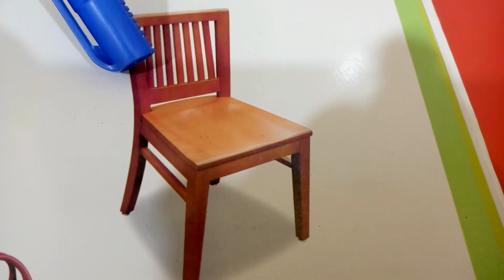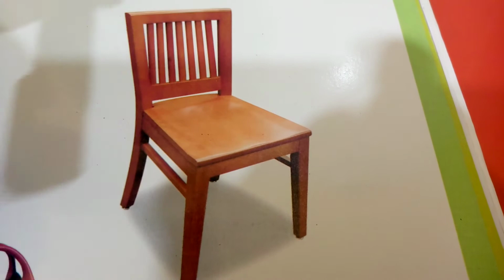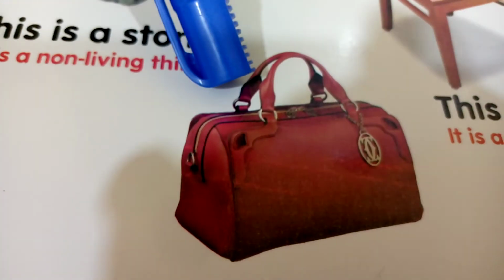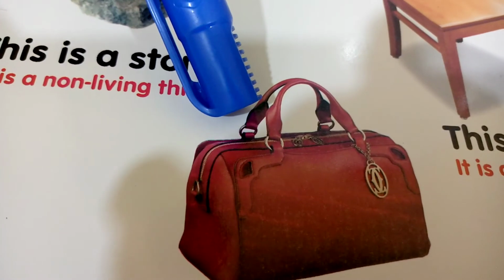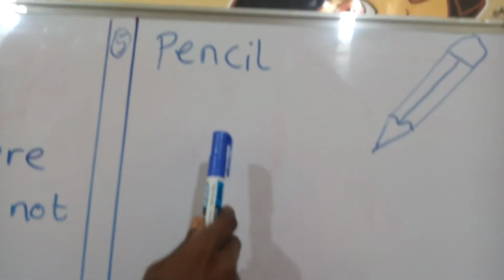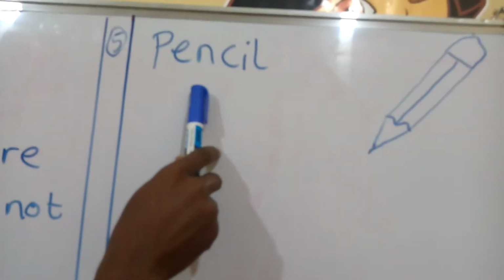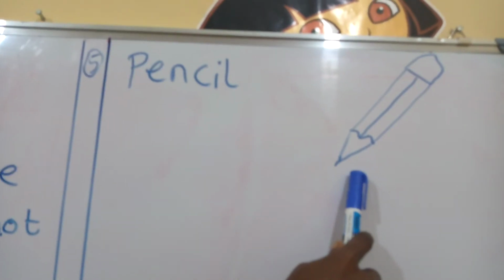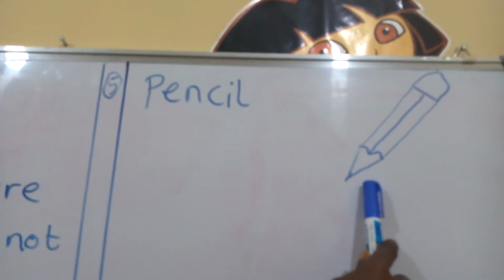This is a chair. Have you seen a chair? Yes, it is a non-living thing. This is also a bag. A bag is a non-living thing. Another example is pencil. Have you seen a pencil? The pencil you use in writing is a non-living thing.